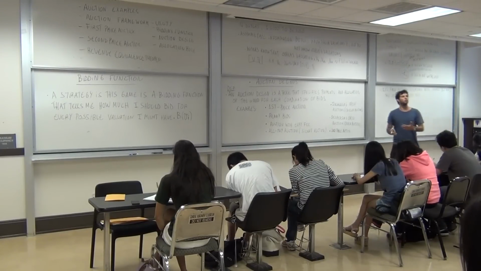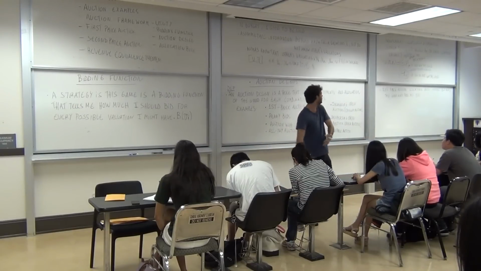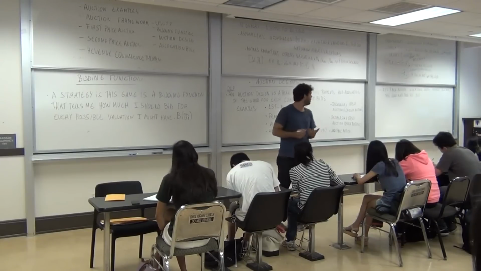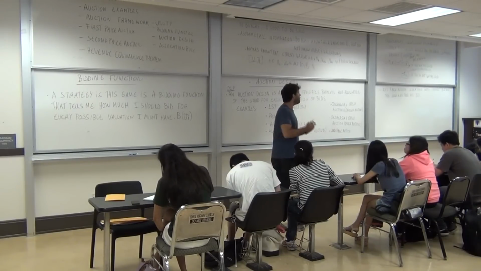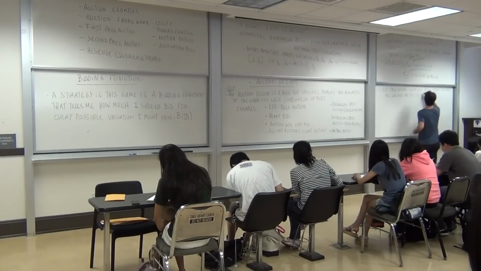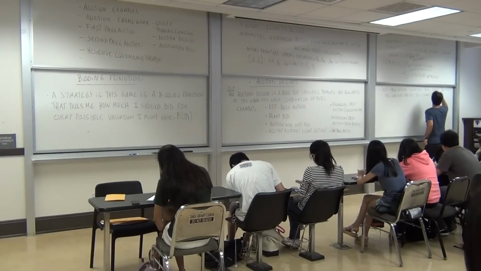So the first price auction, as it was described, is a quite common type of silent auction. Everyone bids, and the highest bid wins the good, and he pays his bid. And the losers pay nothing.